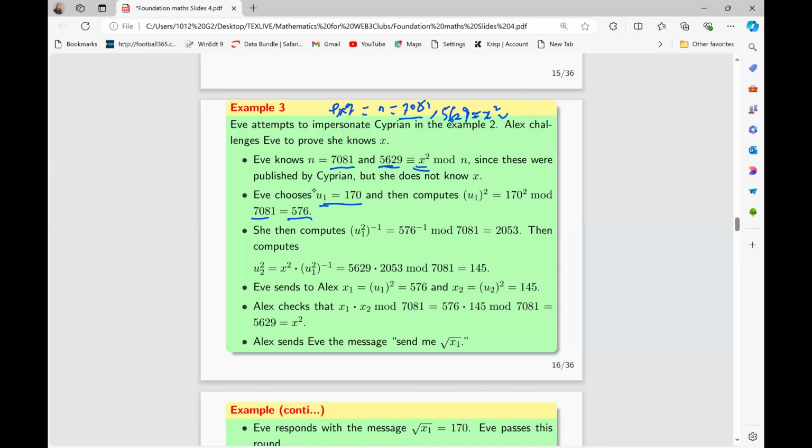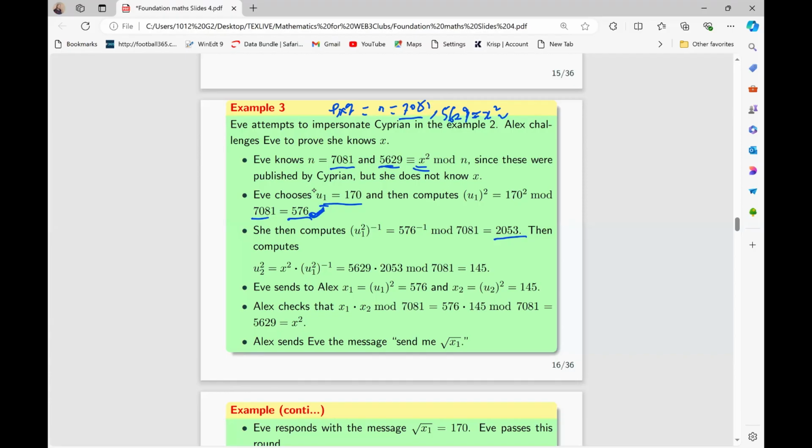And then, before multiplying this square, she gets its inverse. She gets the inverse of this square, mod 7081. And that inverse is 2053 when you do it.